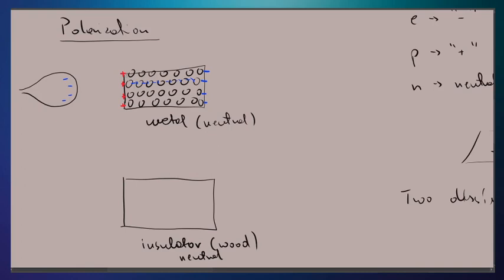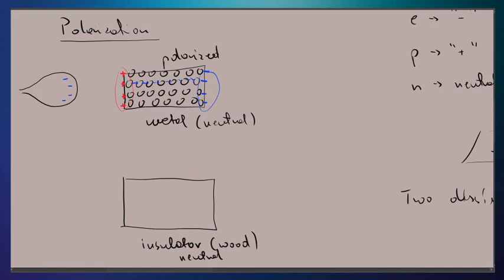You're just going to have an imbalance on this side, which is positive, and on the other side, which is negative. Now you have an object with one end positive and the other end negative. This is a polarized object. So this has been polarized. You just induce a separation of charges and then you have polarized the object.